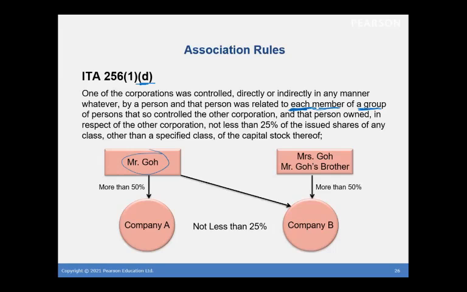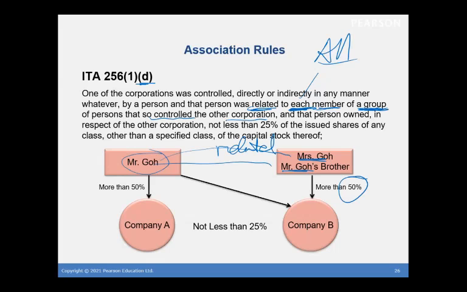Each means all. So Mr. Go is related to each member of a group. And remember, to be a group, all you got to do is own shares in a company together. And that group controlled the other corporation. So here they are. This group is called Mrs. Go and Mr. Go's brother. So Mr. Go is related to Mrs. Go.